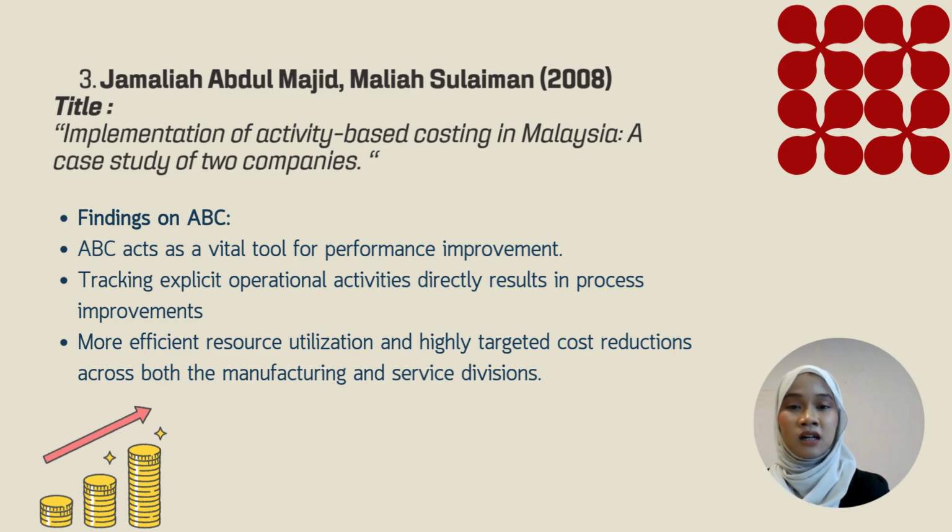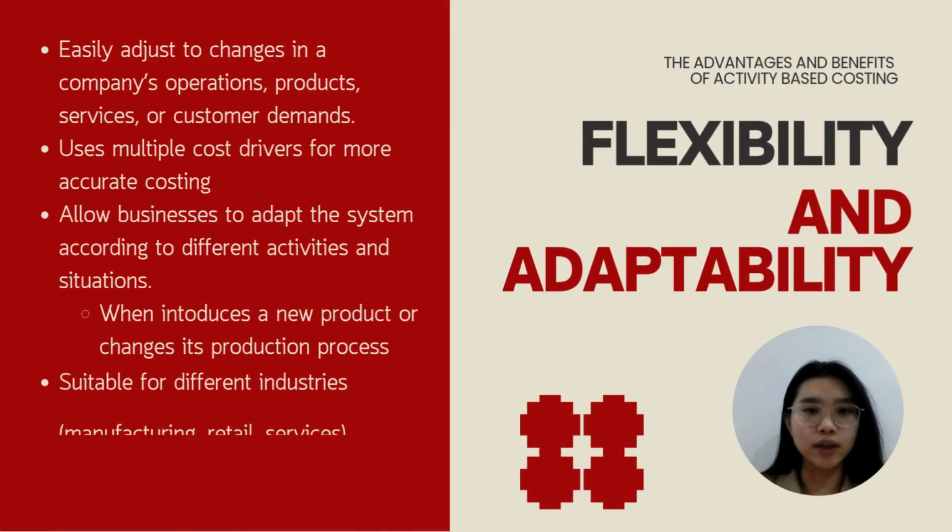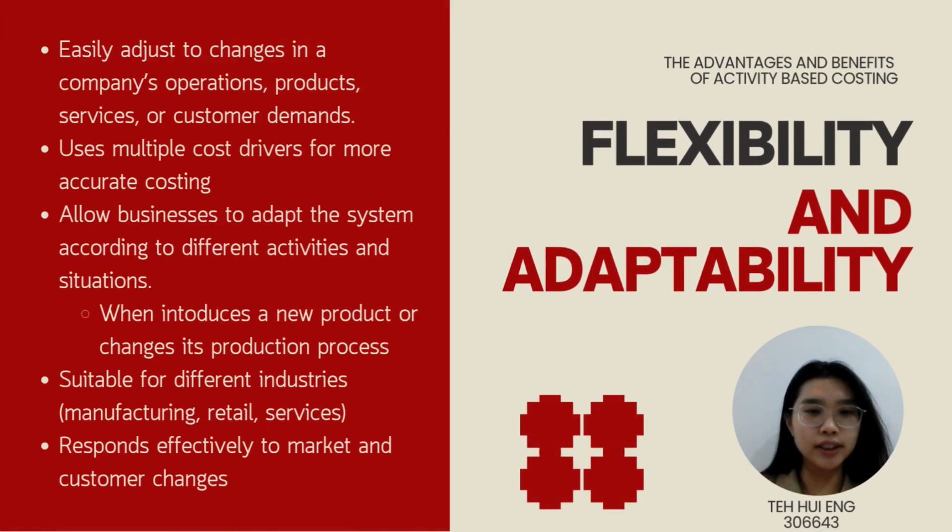This research highlights that ABC acts as a vital tool for performance improvement, where the author documents that tracking explicit operational activities directly results in process improvement, more efficient resource utilization, and highly targeted cost reductions across both the manufacturing and service divisions.